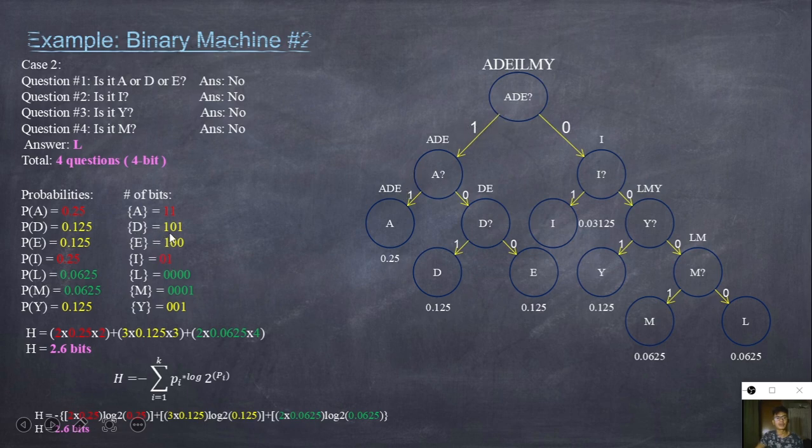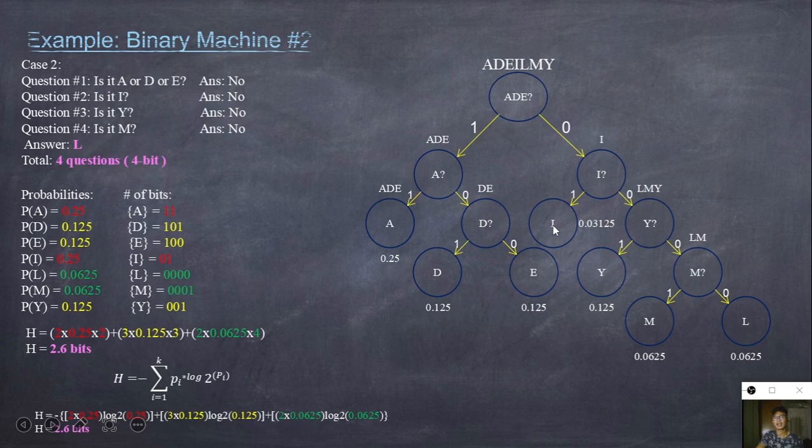D is equal to 1, 0, 1, so we look for its path. For E, it is equal to 1, 0, 0.